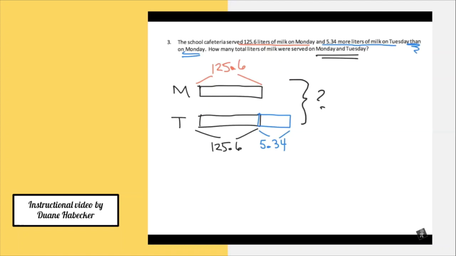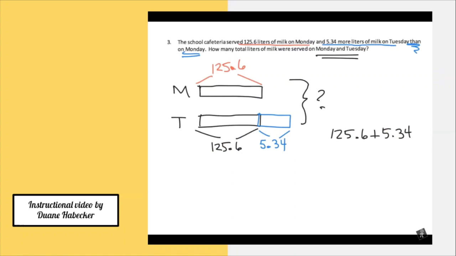Couple of ways we could do it. We could add Tuesday together first, and first add 125.6 plus 5.34, get that answer, and then add it to another 125.6.